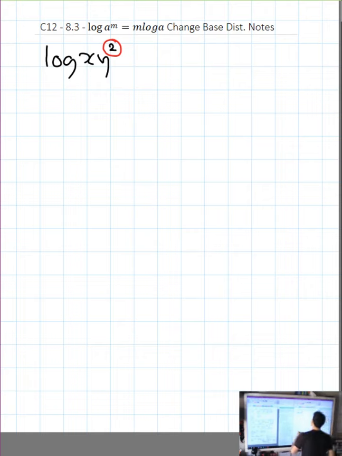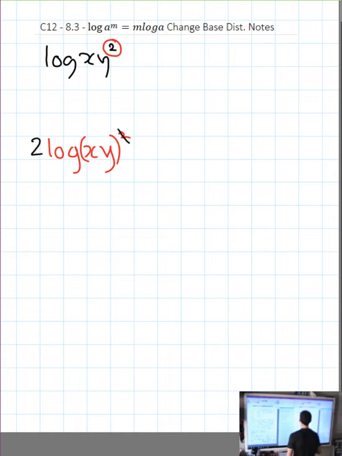Well, no. Let's take a look at another example. Log xy, brackets around it, squared. Yes, this 2 can absolutely be brought down in front.